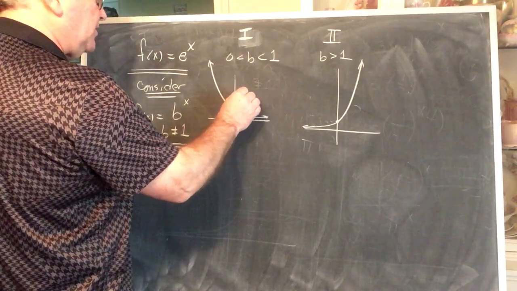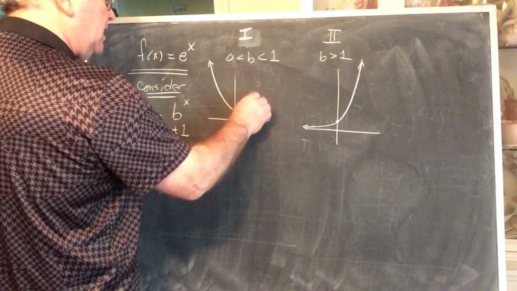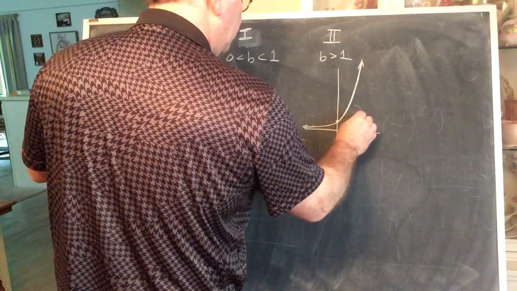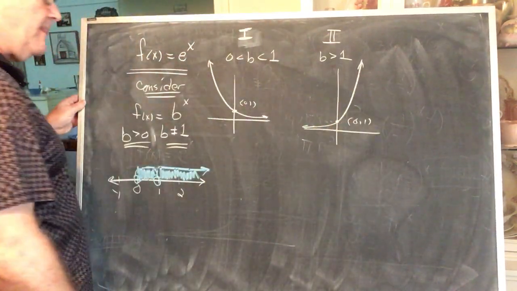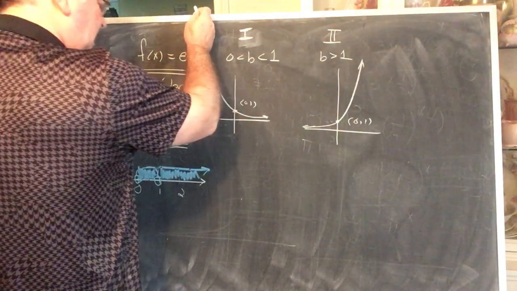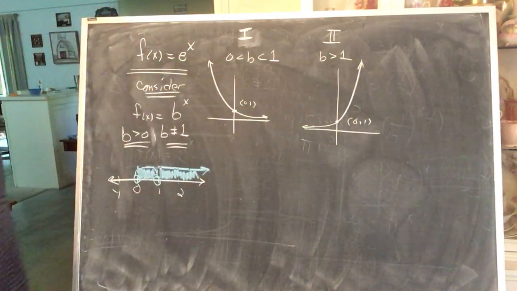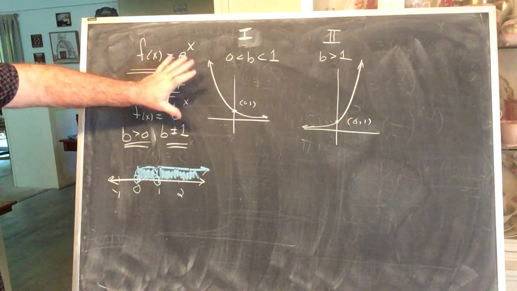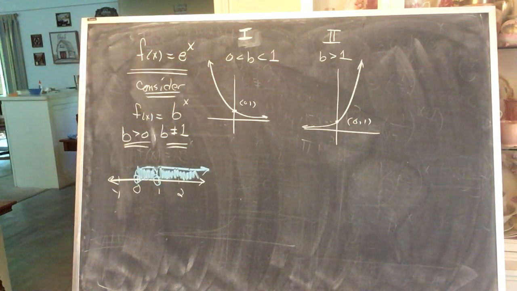It would still pass through 0, 1, just like this passes through 0, 1. But whereas this skyrockets up, this is like you're coming in for a landing. These, again, are just general rough sketches of what's happening in each piece.